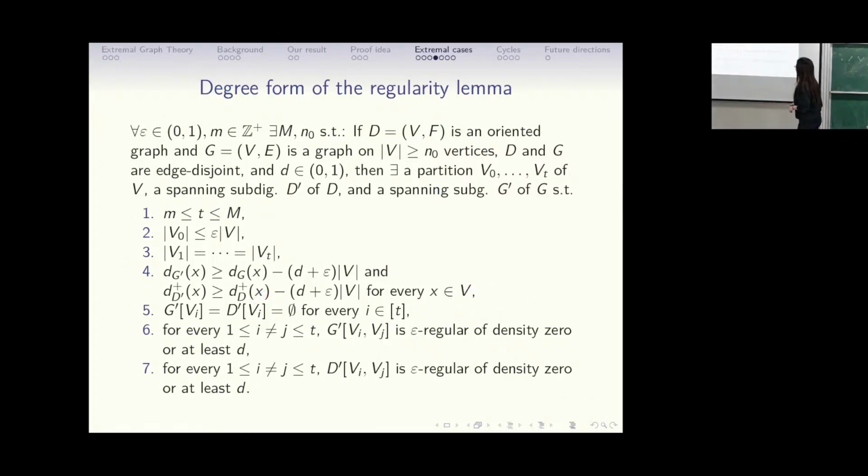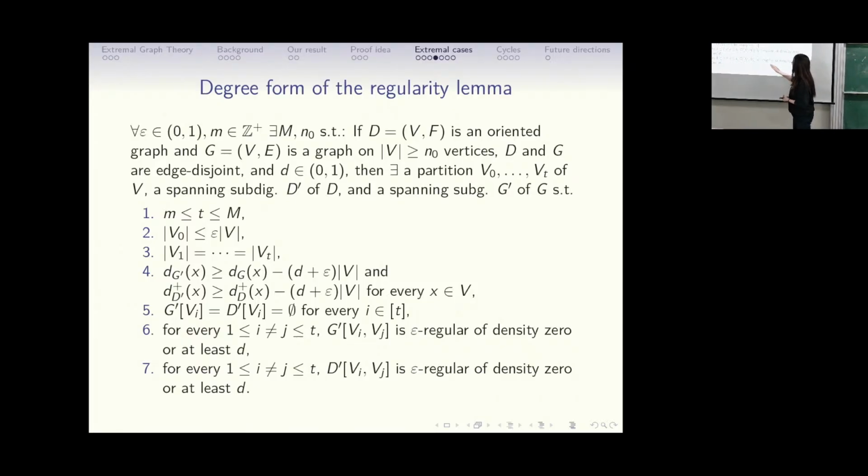Roughly speaking, I remove some troublesome edges, and I move a small number of troublesome vertices to V0. Then I can make sure that I remove all the edges between the non-regular pairs, except for V0.